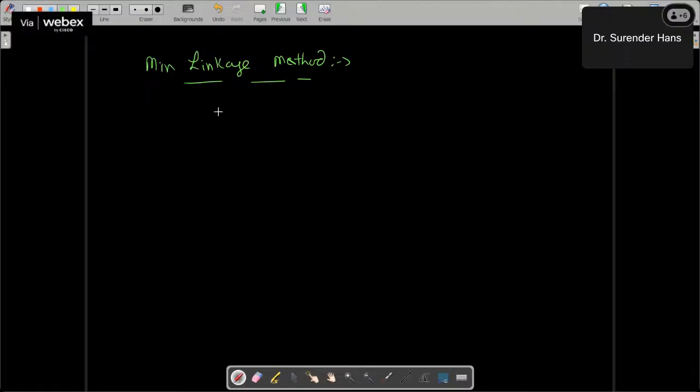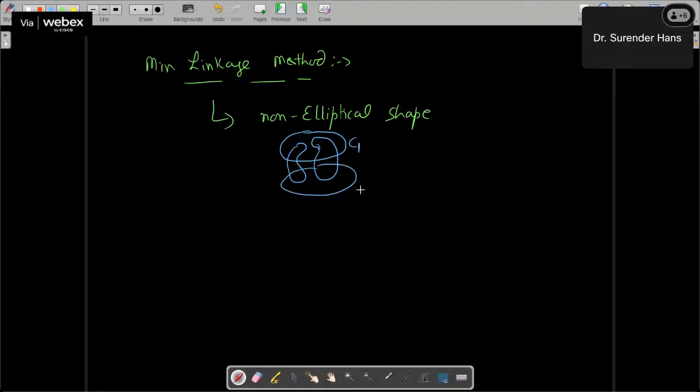Now, the speciality of this minimum linkage method is that it is capable of detecting non-elliptical shapes. For example, according to K means, this will be one cluster and this will be another cluster, C1 and C2.